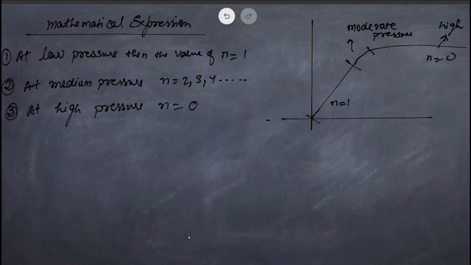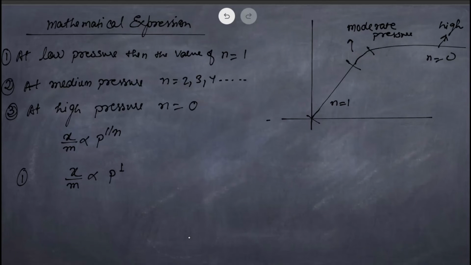According to the expression I showed you in the previous slide, x by m is directly proportional to p to the power 1 by n. So for the first case, x by m is directly proportional to p to the power 1.